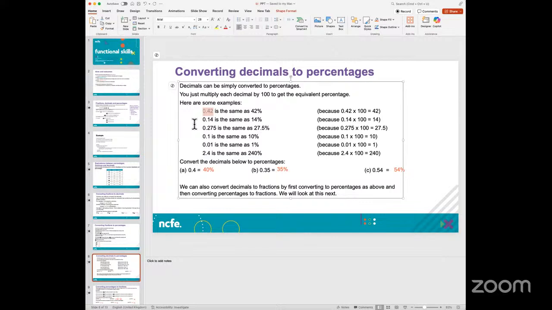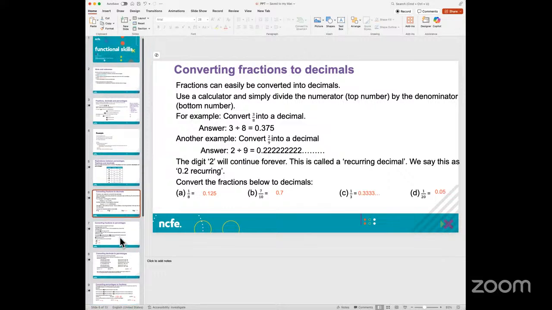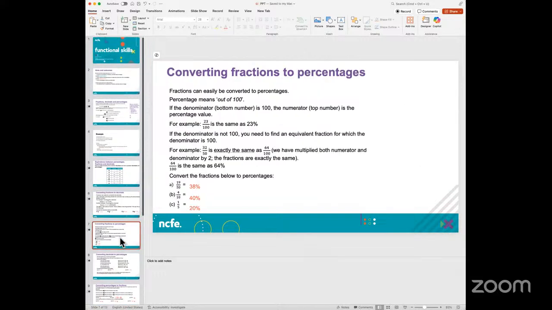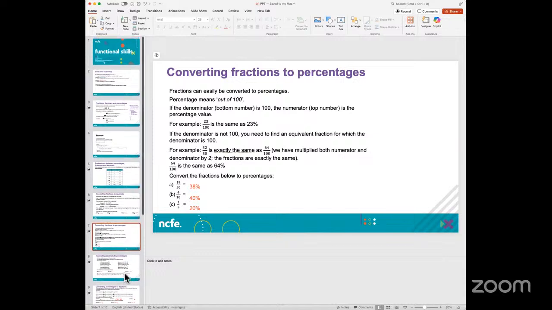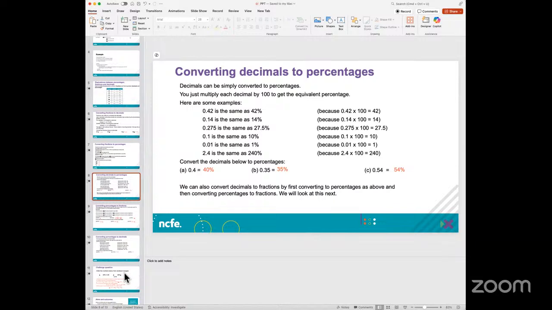When you have a fraction that you have to convert to a decimal, you basically need to divide that number, using the way I expressed it in terms of division. When you have to convert a fraction to a percentage, you'll always have to multiply it by 100. And when it comes to converting decimals to percentages, there is always this formula that you have to multiply it by 100 again, because we are talking about a percentage.